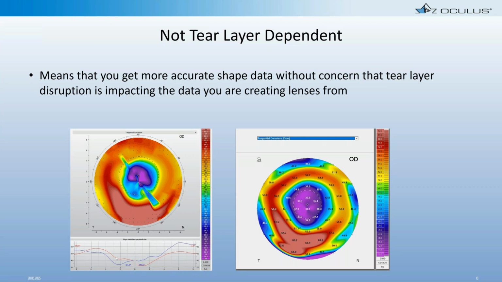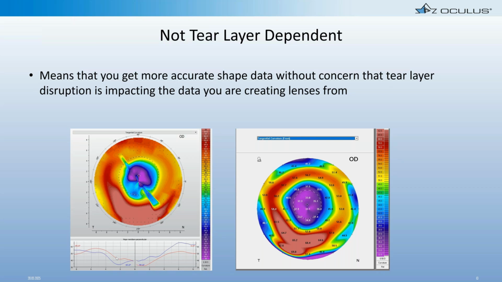Now, there is some benefit at times to having a tear layer dependent instrument for follow-up. You may say, well, I like my topographer because it tells me when there is tear disruption and dry eye concerns, or when the surface of the cornea is affecting my visual outcomes, and that's great.